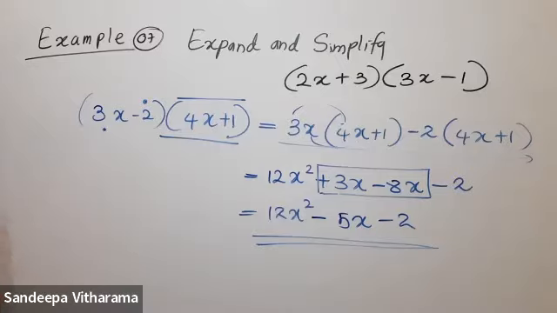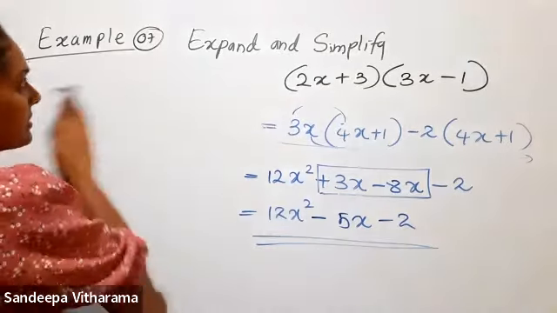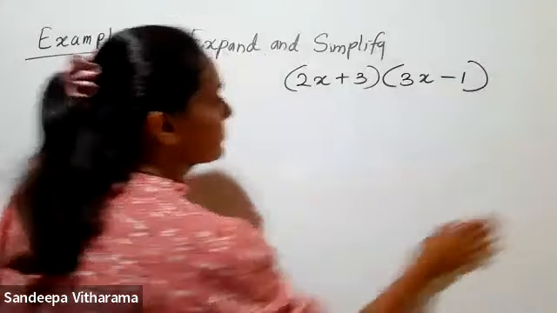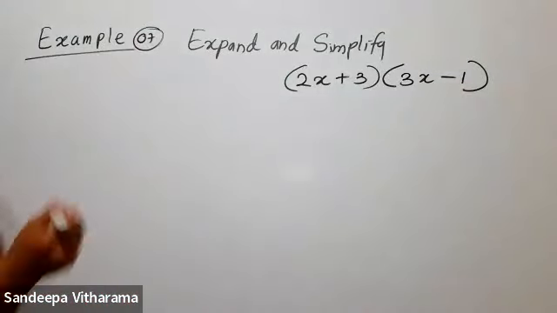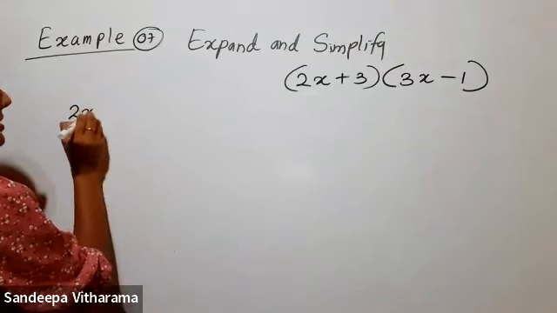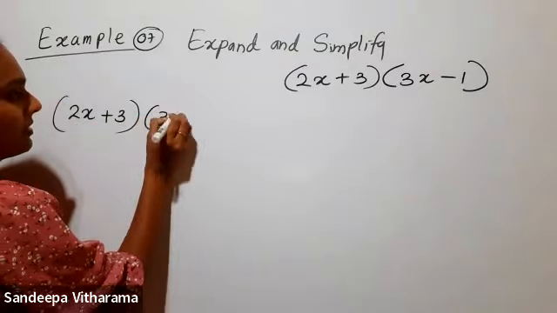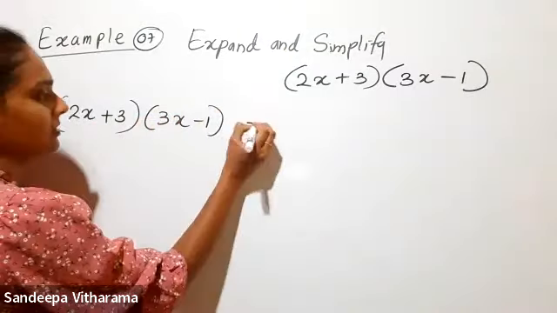Okay, some of you have sent me the answers. Let's see whether your answers are correct. It's 2x added 3 into 3x subtract 1.